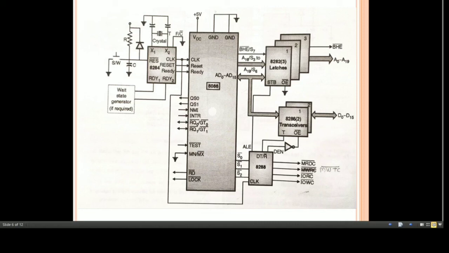Again here we can observe that the 8284 external clock generator is used for clock, reset and ready signals for this 8086. So this is the maximum mode configuration of 8086 processor.